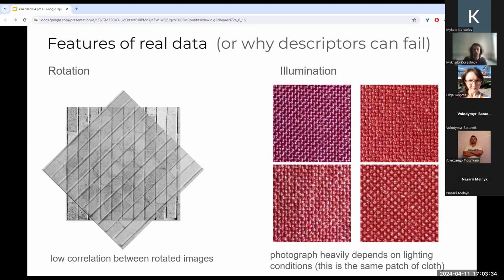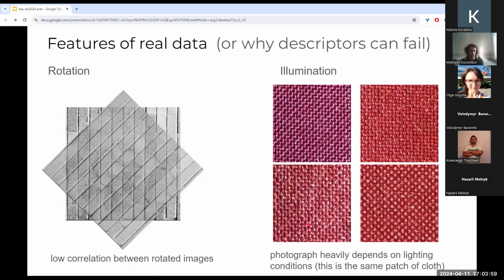But I guess you know that this is a great problem for computer vision and for texture recognition. So a preferable texture descriptor should be able to detect different rotations, or be invariant to rotations, and be insensitive to illumination differences.